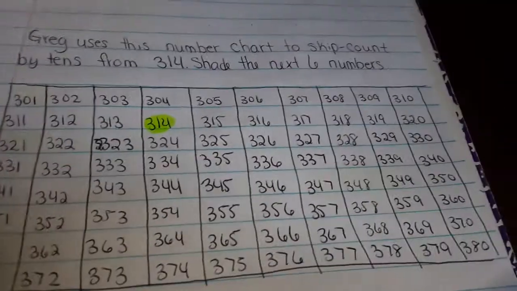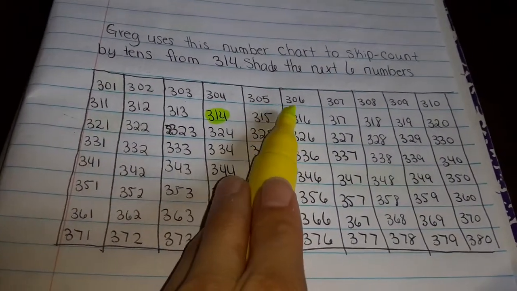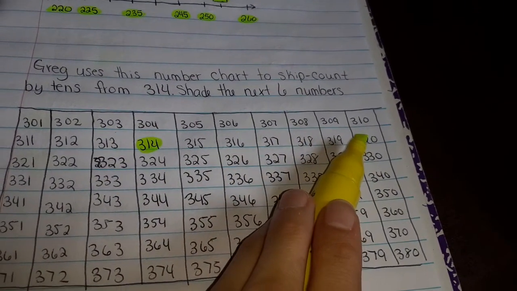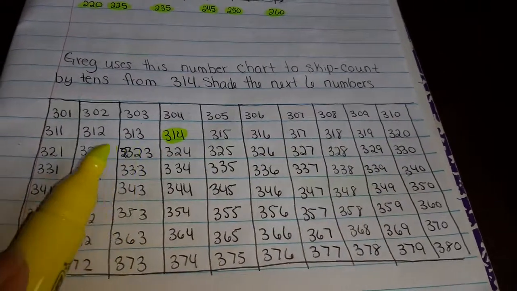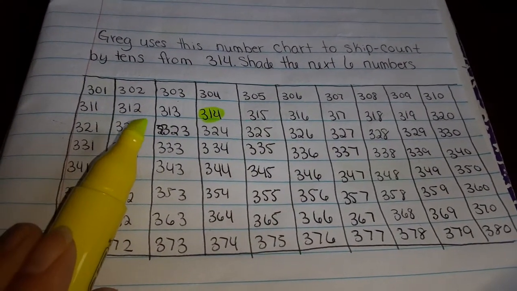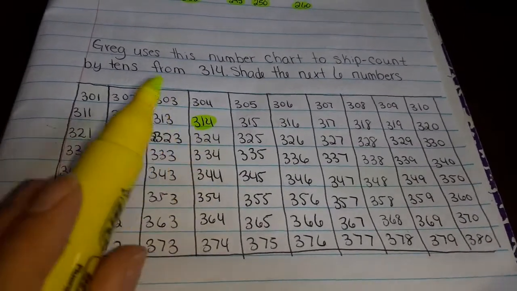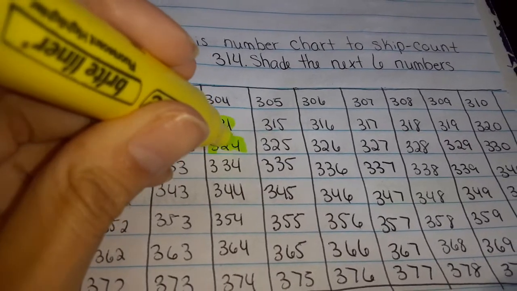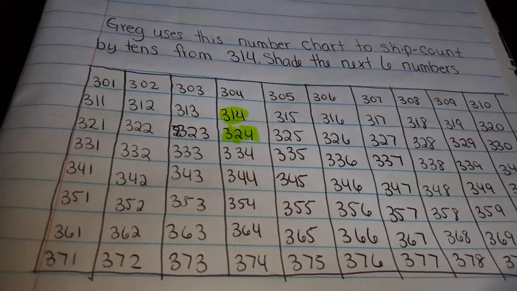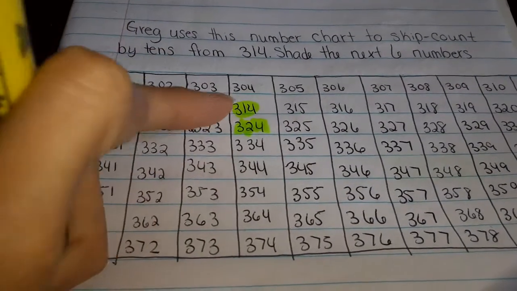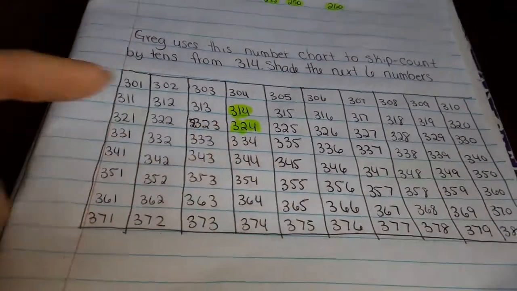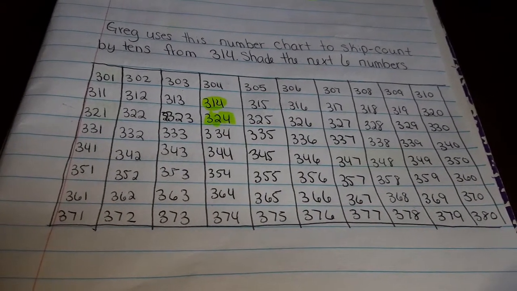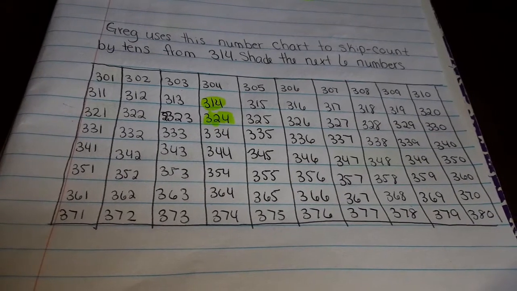Let's count: 1, 2, 3, 4, 5, 6, and then we're going to go down and start on the first line, 7, 8, 9, 10. 314, 324. What do you think the next 5 numbers are going to be if we're skip counting by 10s from 324?